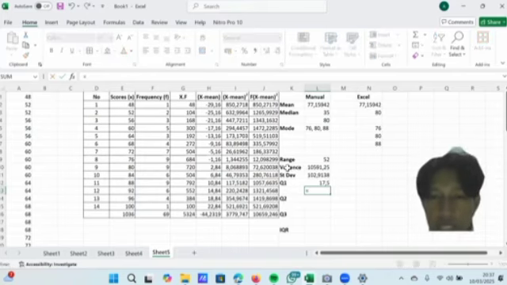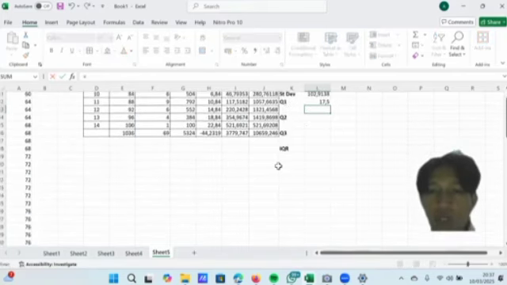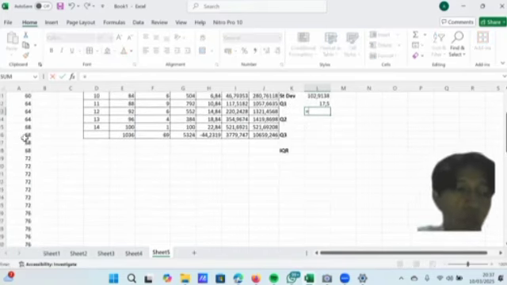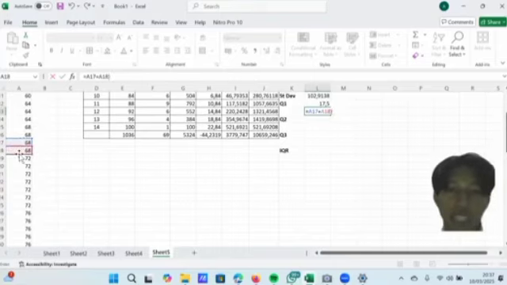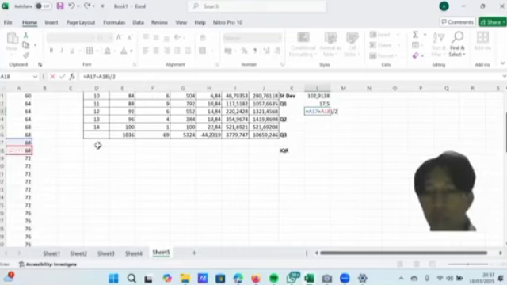And this is 17.5, which means we need to add the scores number 17 and 18, 68 plus 68, divided by 2.